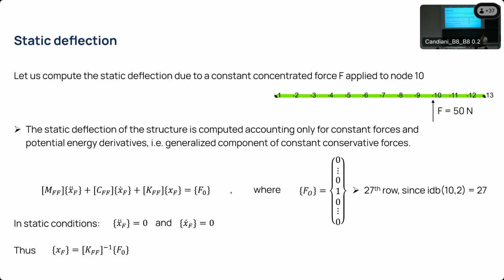But sometimes you are interested in seeing what happens when you have an external force field applied to your structure. And that force field is constant because, as you know, gravity, for what concerns us, is constant and always the same.